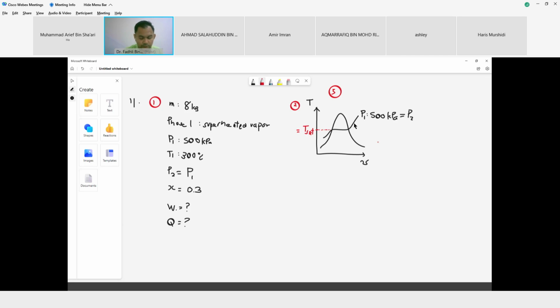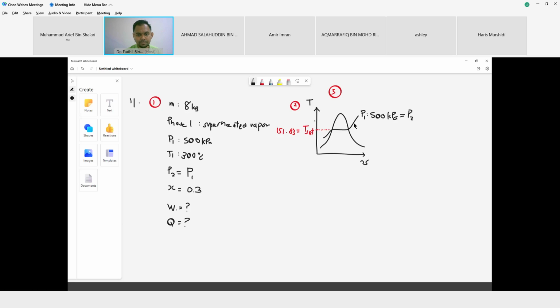At 500 kilopascal, the saturation temperature is 151.83.